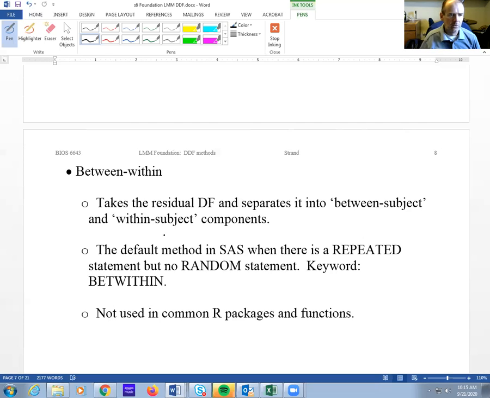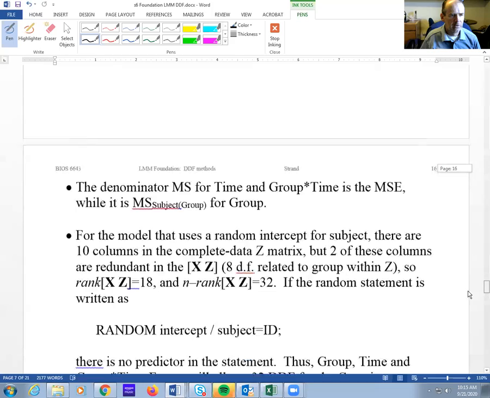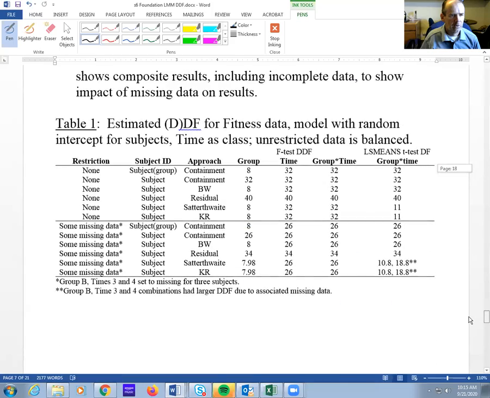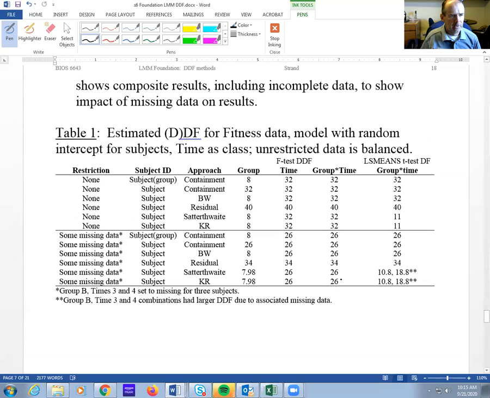Okay, and so the Satterthwaite, I'm going to jump down here to show you the estimated degrees of freedom. This would be for the fitness data, which we talked about. And you can see that in a lot of cases, they're the same. But in some cases, they're different.